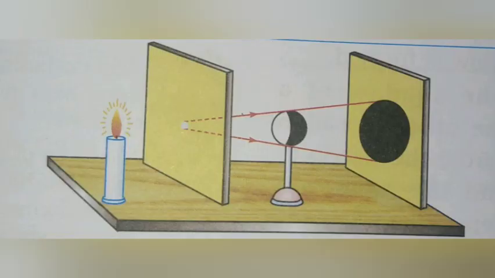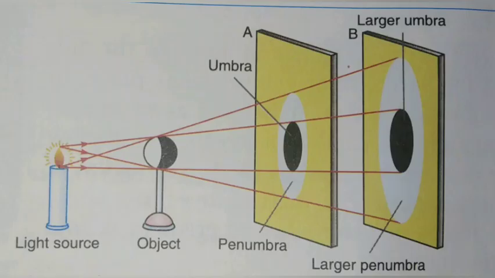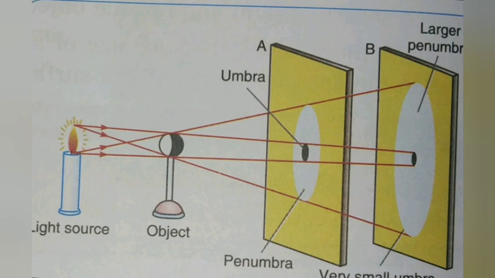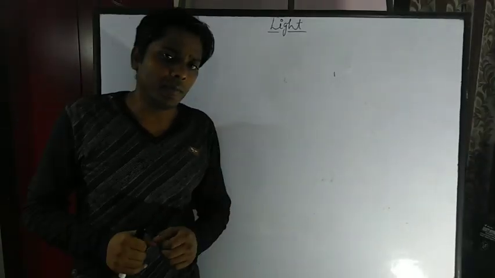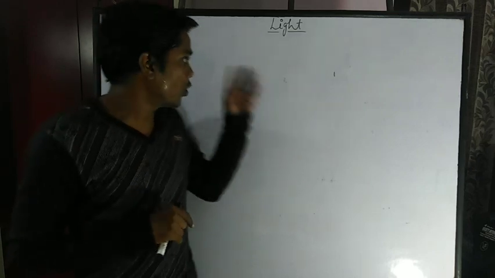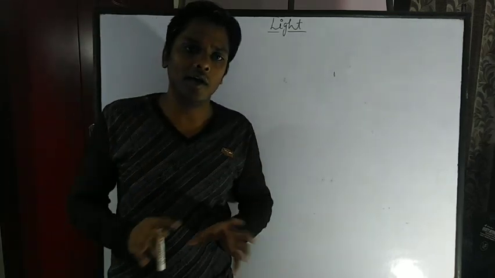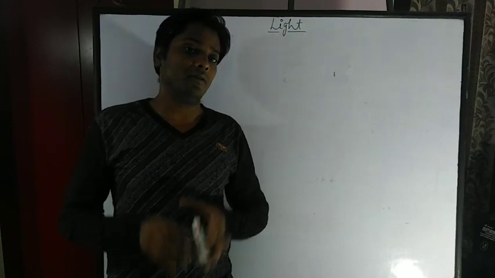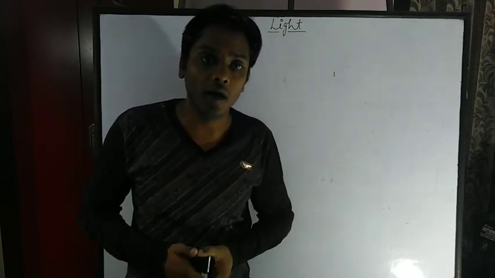In this figure you can see the effect of distance of light source to the screen, and in this figure you can see the size of the light source and object. You can see the effect very clearly.